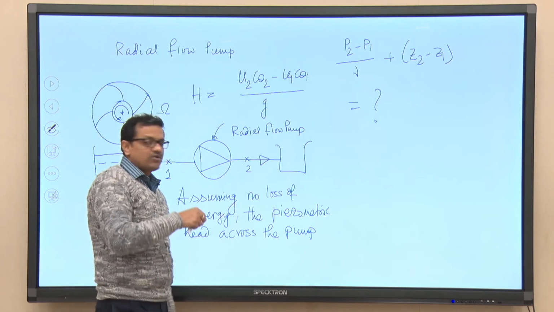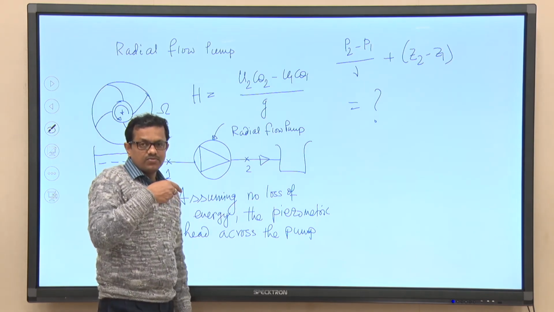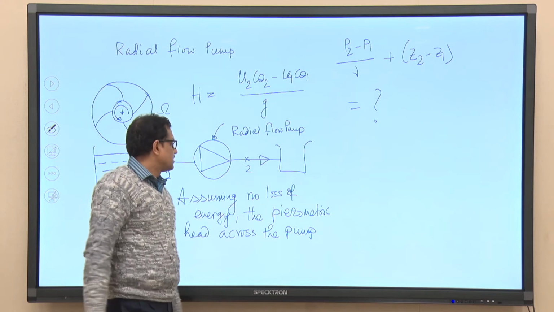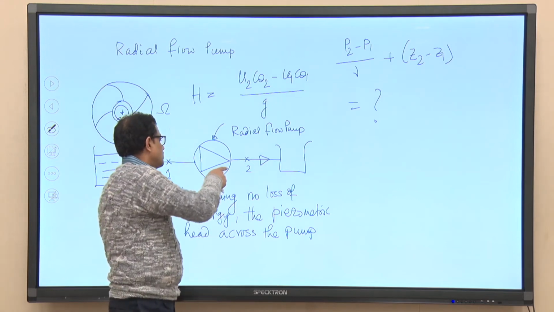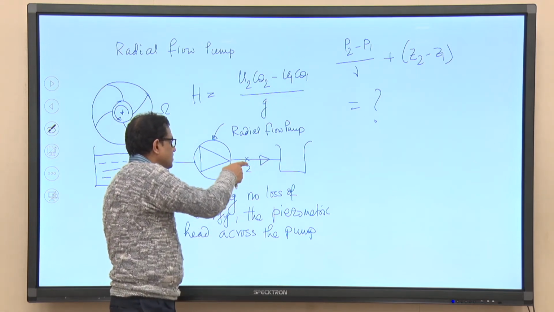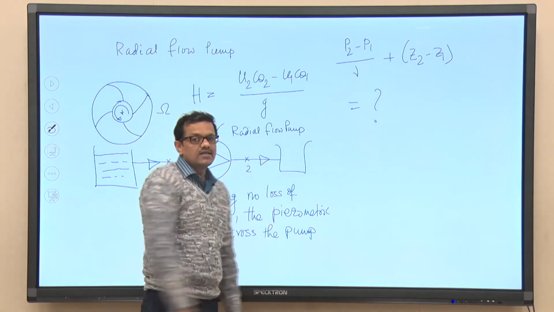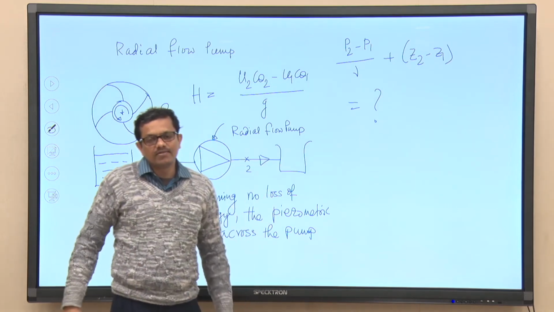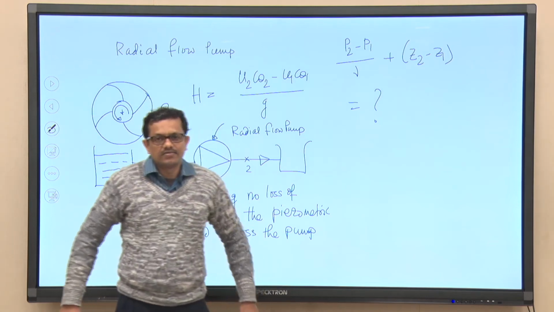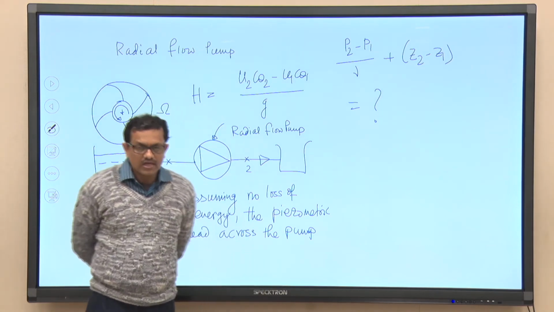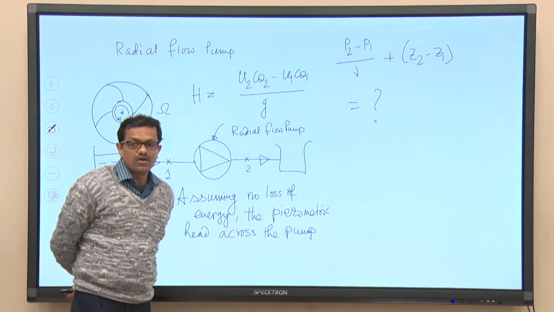Also, we need to ensure that the head, the pressure which will be available at this junction will also be able to meet the demand at that location, right. And that is why this pump is installed.